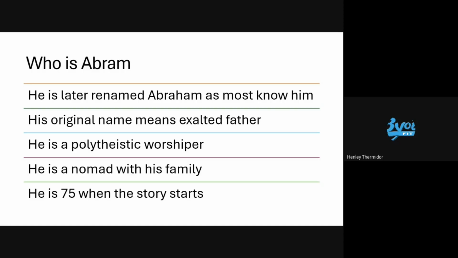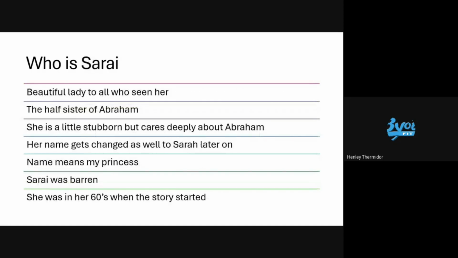Now, with Abram, we also have Sarai, who also gets renamed later on to Sarah, as we know. This beautiful lady is Abram's wife and also his half sister. Now, the Bible takes into account in detail multiple times that she was beautiful, very beautiful to the point where everybody would stop and look at her.